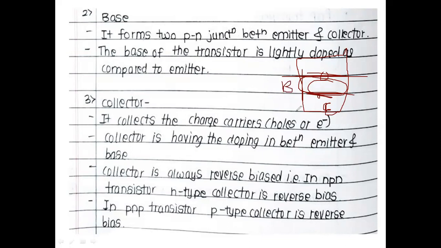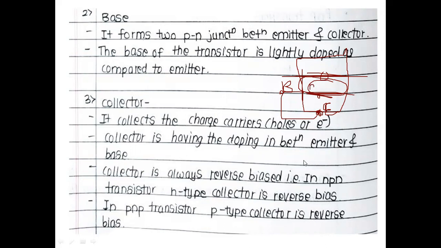If the emitter is forward biased, the base will be almost forward biased only, right? We are making the emitter forward biased, so obviously the base will be forward biased. If it is N, negative supply; if it is P, positive supply, we have to give.